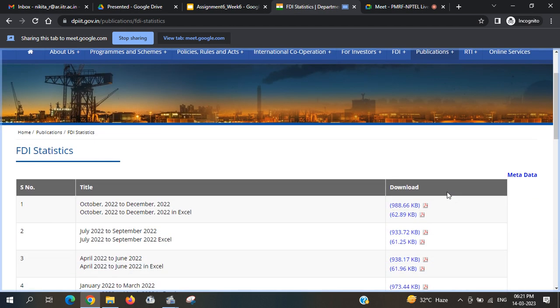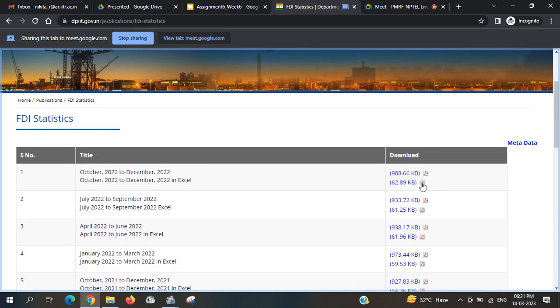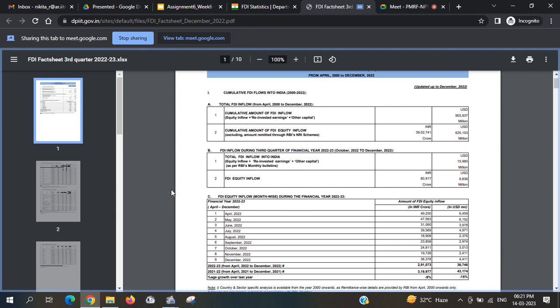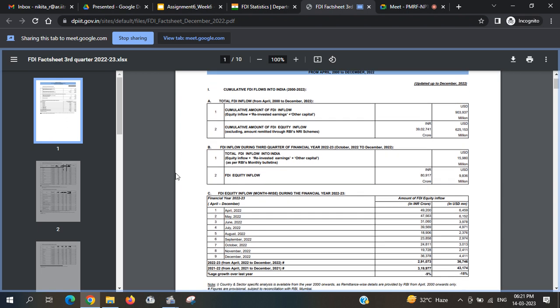For example, this is the FDI, foreign direct investment statistics. You can see the statistics published for October to December 2022. This is for one quarter, not the whole year.